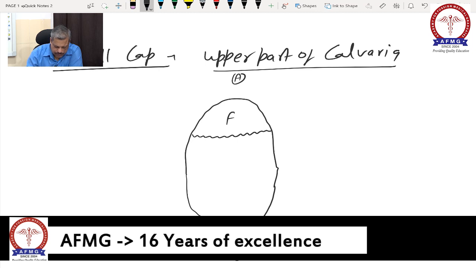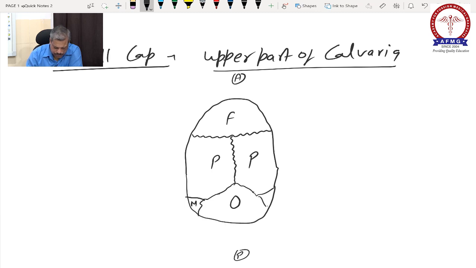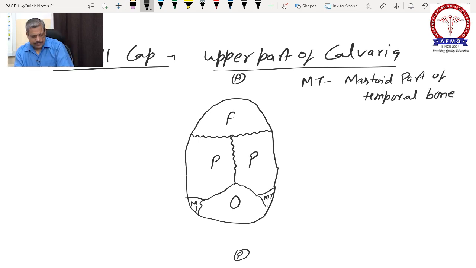So this is the frontal bone, this is the parietal bone, this is the occipital bone, and where I have written empty, it means the mastoid part of the temporal bone.